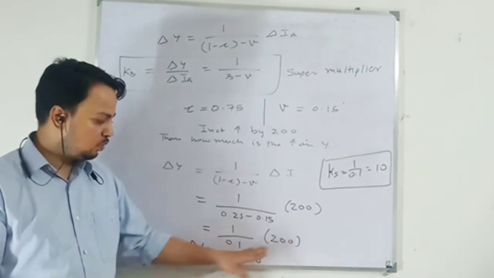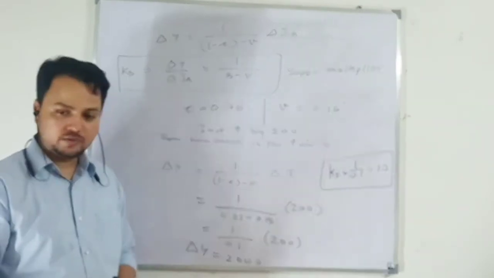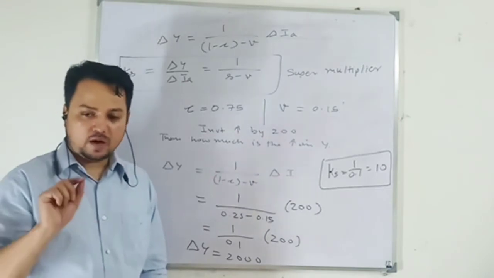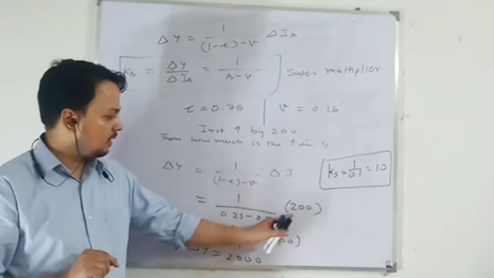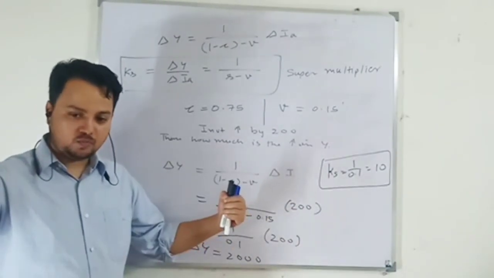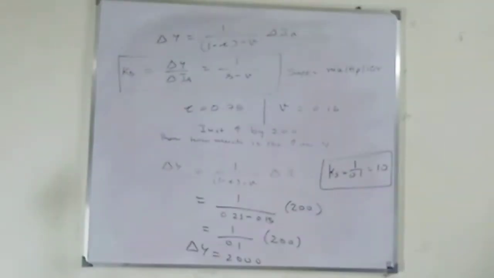It comes to a halt, it stops at 2000. We need to find the reason for that. Why does output stop here? When I'm making investment, it is intensifying growth of output. What is the reason for this halt? That is what I'm going to discuss next.